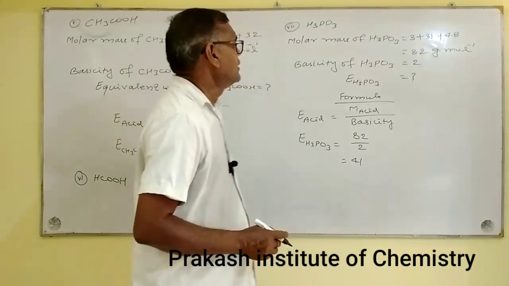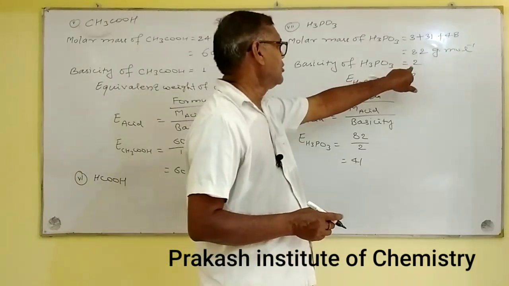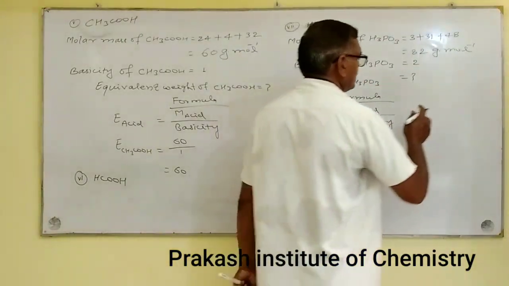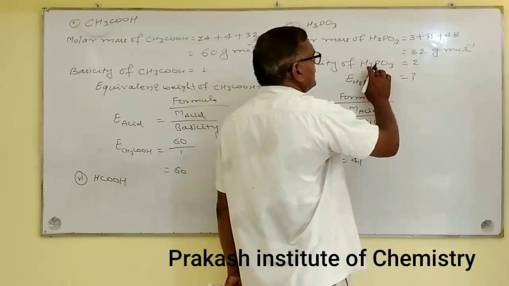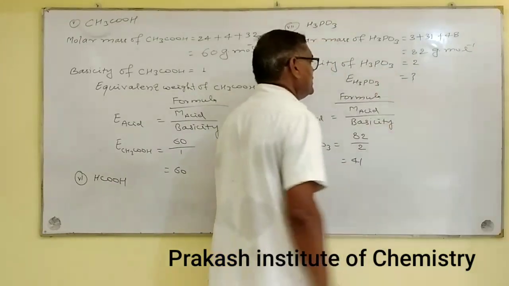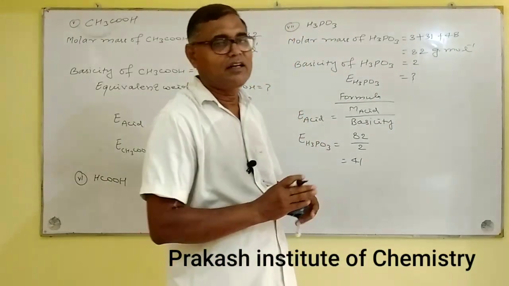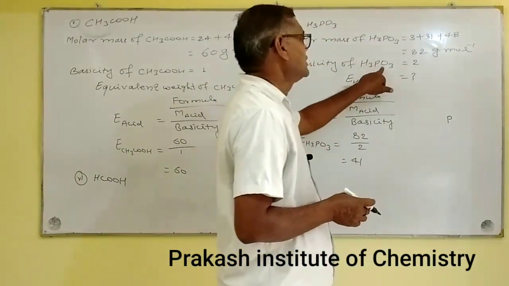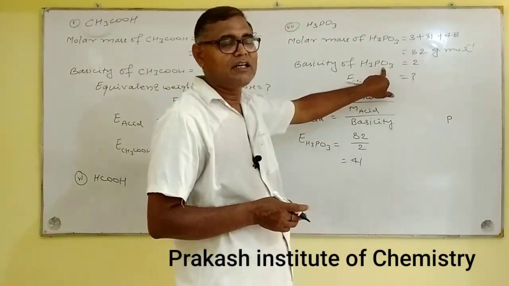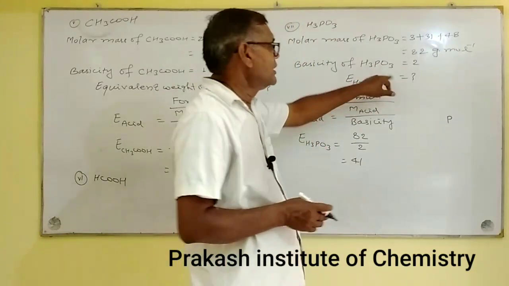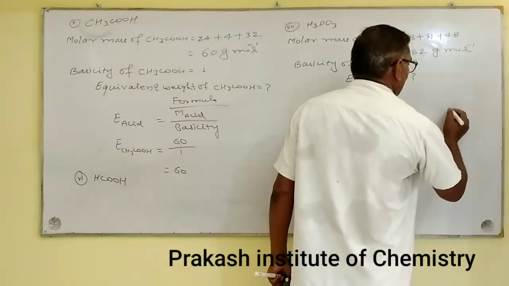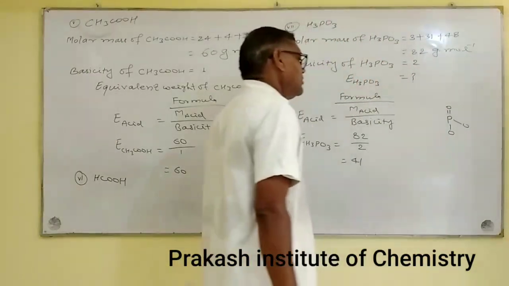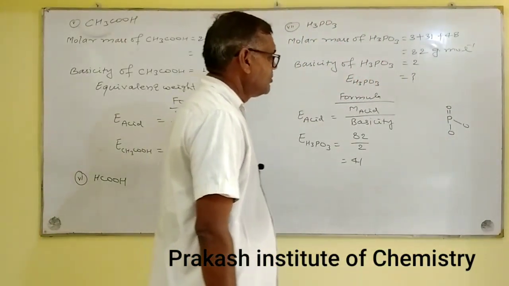Now we explain basicity of H3PO3 is 2. It is very important. In H3PO3 number of phosphorus atom is 1. It is central atom. Here we write P. In H3PO3 number of oxygen atom 3. Here we write double bond O and 2 oxygen connected by phosphorus by single bond.